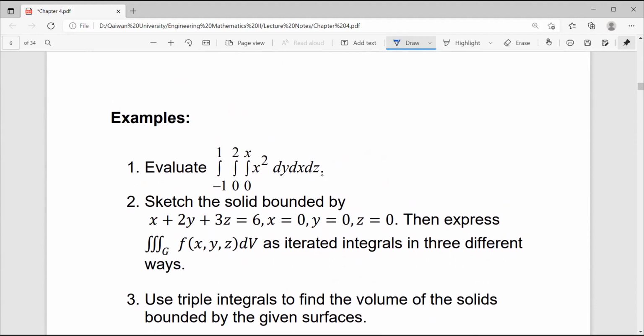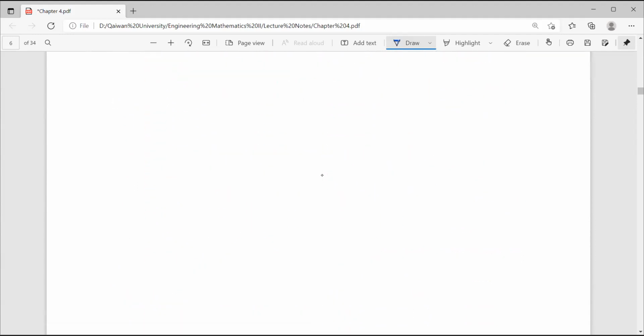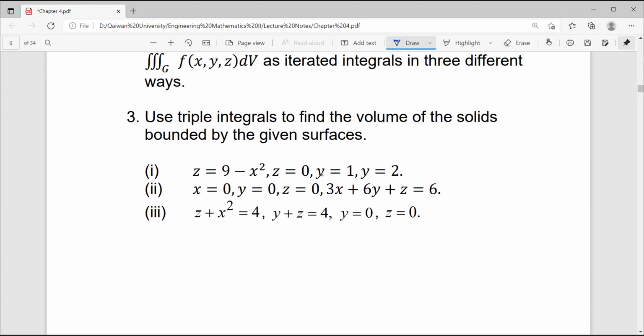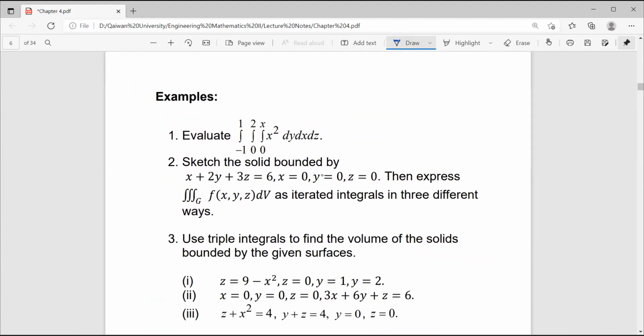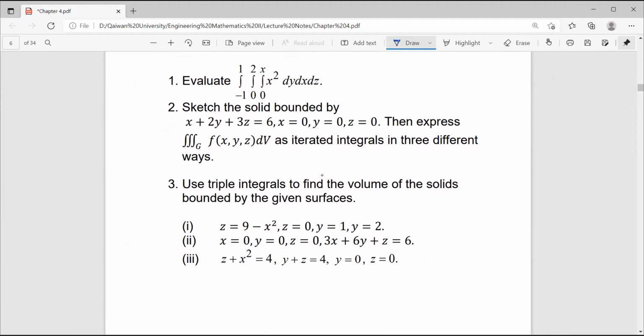First one, it says evaluate this integration. Let's do it. To evaluate this integration, let's first write down the triple integration. The integration from -1 to 1, integration from 0 to 2, integration from 0 to x, x squared dy dx dz.